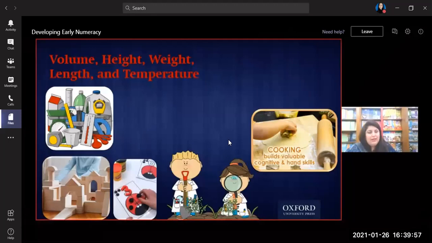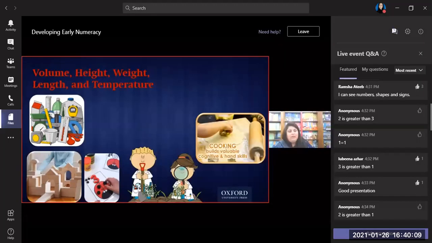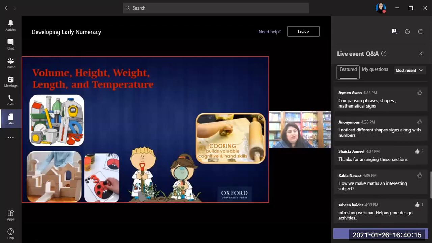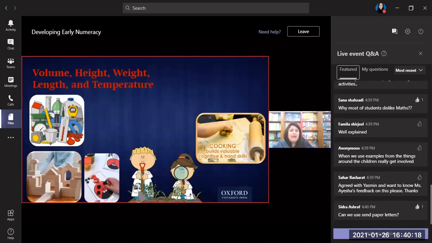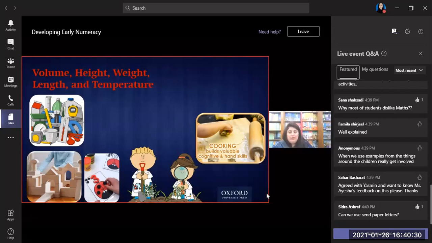And while doing this, we actually involve children in interesting scientific experiments, where children are to actually measure different volumes or different weights, or they are asked to measure in terms of length and in terms of temperature, or else we can involve them in a cooking activity, in which we tell them to take care of the temperature for baking, or do different activities to measure flour, or to measure butter, or to measure any other cooking ingredient.